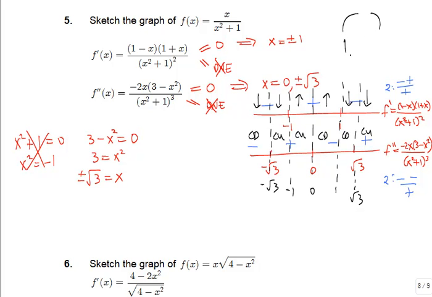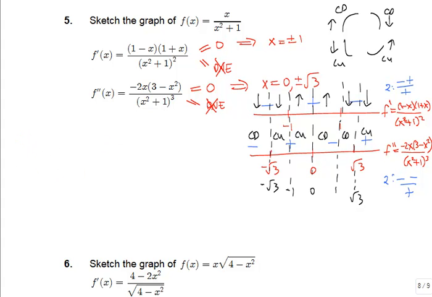And here's my 4 choices. Up, down, down, up. So on this furthest point on the left over here, we want to be concave down, decreasing, so that's this upper right corner, until I hit -√3.